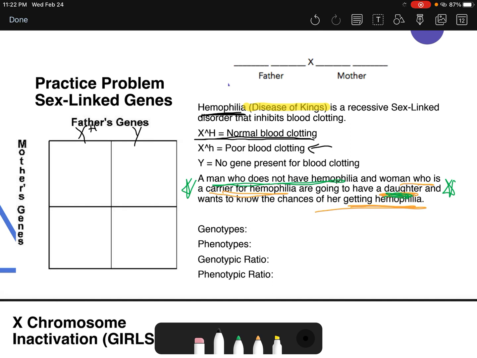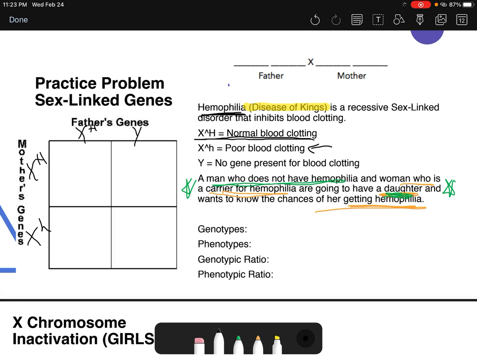Because he is normal, and if he is normal, he cannot have the little h for blood clotting. Now it tells us the woman whom he is with is going to be a carrier. So that means that she has a big H and a little h.